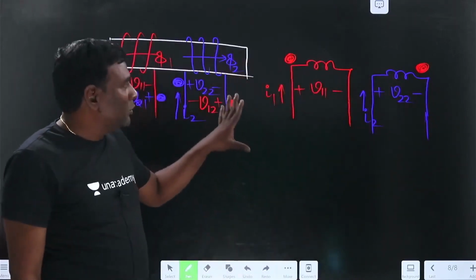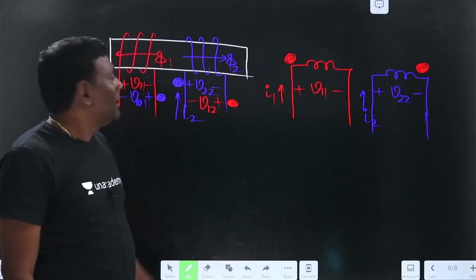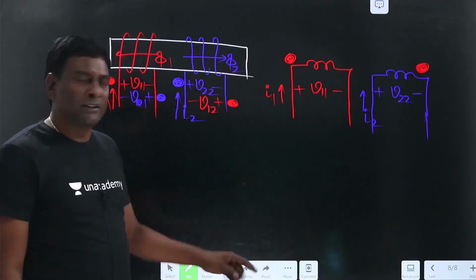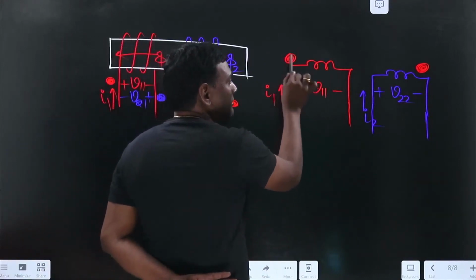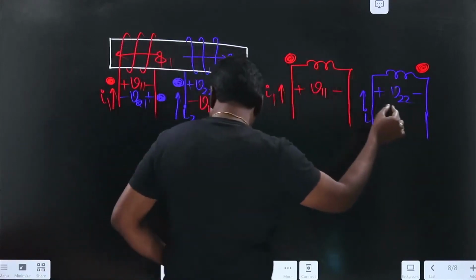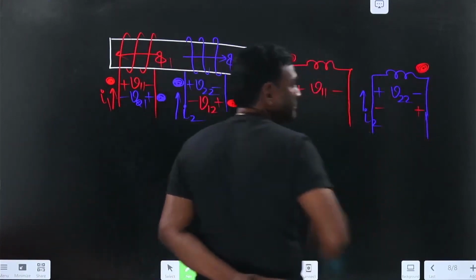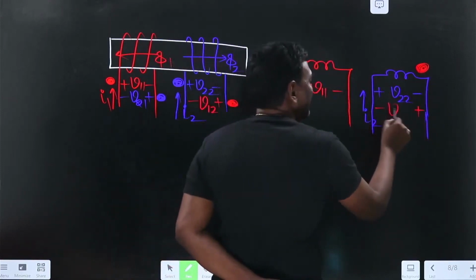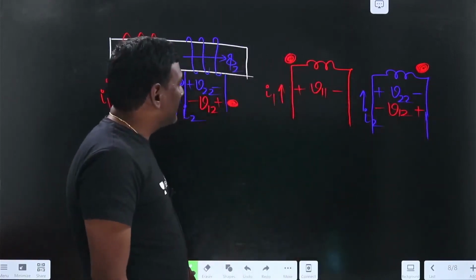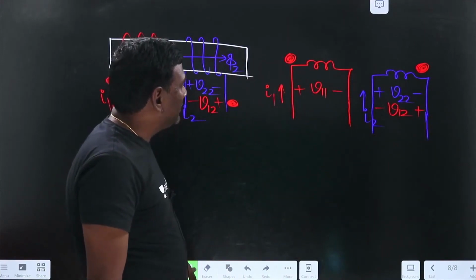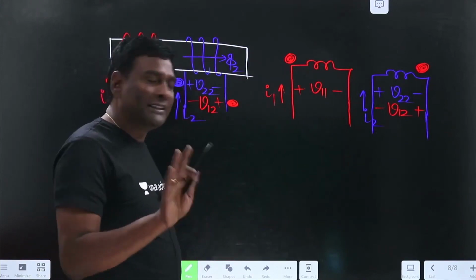And let me try to represent the mutual induced voltage, and with respect to blue also the same thing will come. Let us see here, whenever my current is entering into the dot, this dot is going to be positive, red only. That particular magnitude is going to be because of 1 in 2. Both things need not be considered, only one thing is enough.